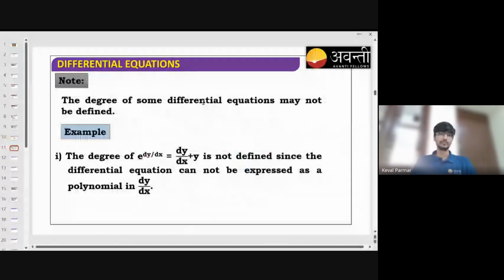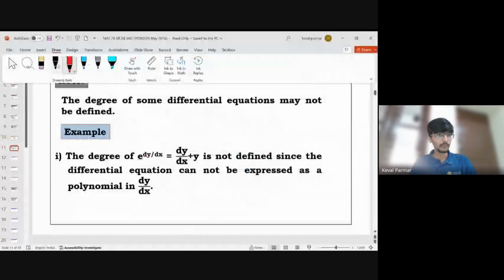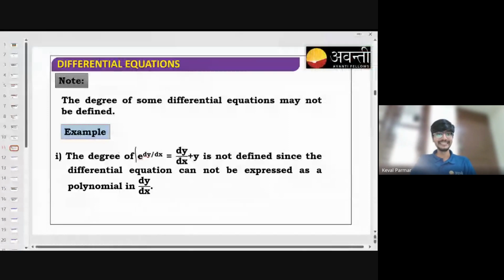Simple. Now, as I was saying, many times we will have other functions, such as trigonometric, logarithmic, exponential and so on. And if there is a differential coefficient in that function, then we have to say that the degree will be not defined. Such as, you can see the example. In this example, there is an exponential function, e raised to dy by dx.